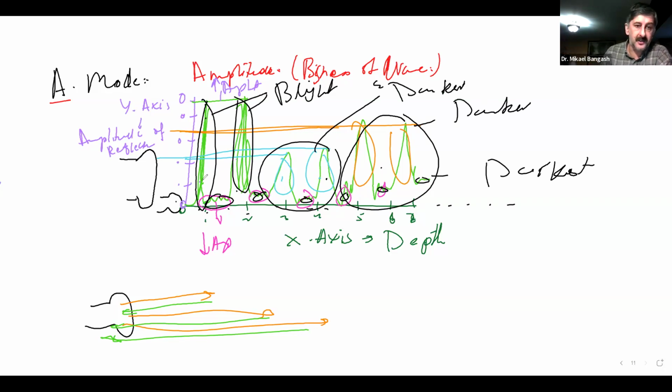But stronger reflections are spikes with bigger amplitudes, weaker reflections are spikes with smaller amplitude, and the very, very weak reflections or no reflections at all are no spikes, or very, very small spikes. Did that make sense?